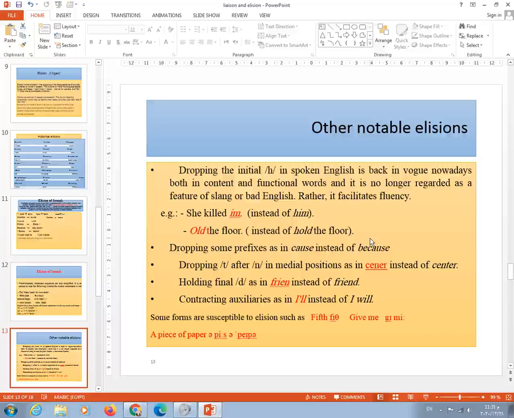But in French they do not pronounce the initial h. So we find them, for example, saying "hello" as "'ello", even when they answer the phone. Okay. "Henry" is pronounced "Henri" and so on.